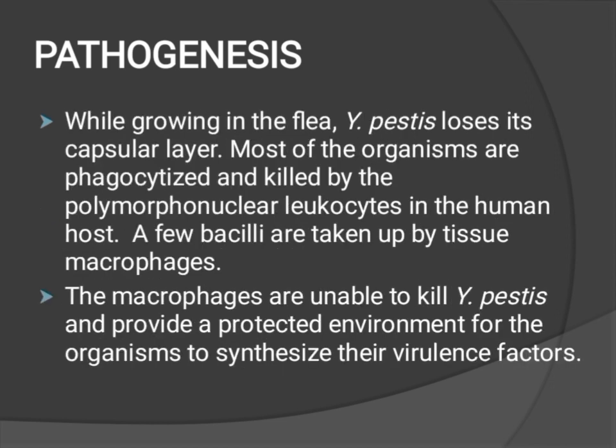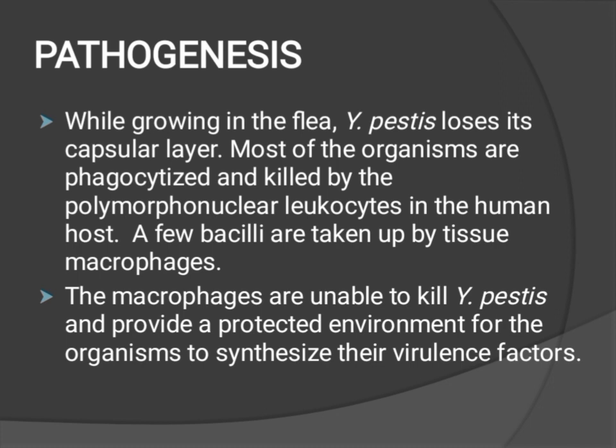While growing in the flea, Yersinia pestis loses its capsule layer. Most of the organisms are phagocytized and killed by the polymorphonuclear leukocytes in the human host. A few bacilli are taken up by the tissue macrophages.